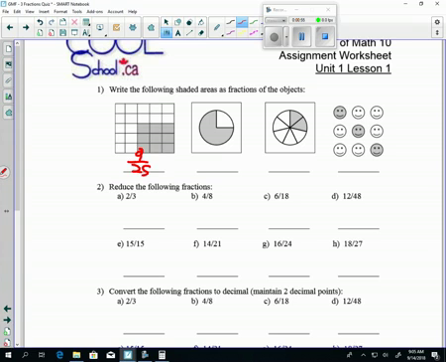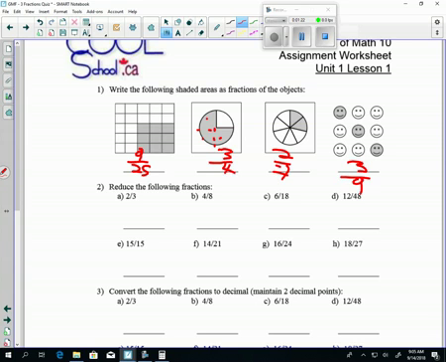The circle, if we cut it into 4 pieces, 3 of them are shaded over the 4. Here we have a circle with 2 of the 7. And in the smiley faces here, there are 9. 3 are shaded.